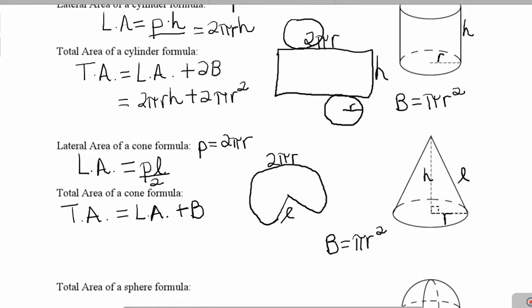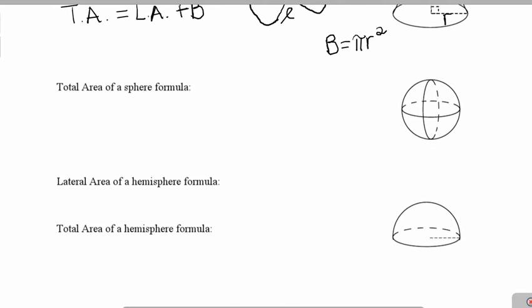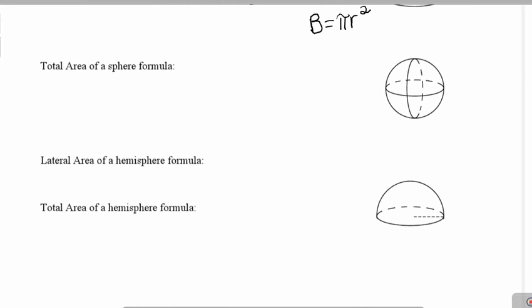Now, to calculate the total area of a sphere, this formula is a little bit different. A sphere is a very unique three-dimensional shape because it does not contain any bases. Therefore, there is only one formula to calculate the surface area of a sphere.